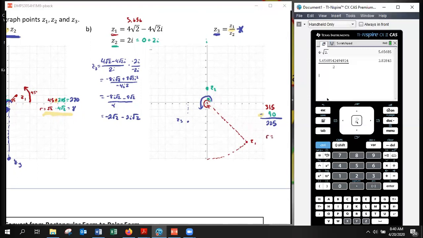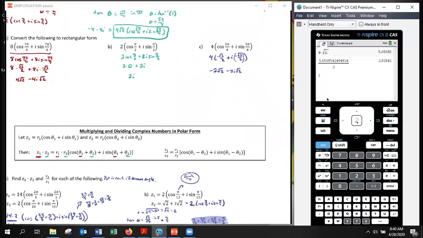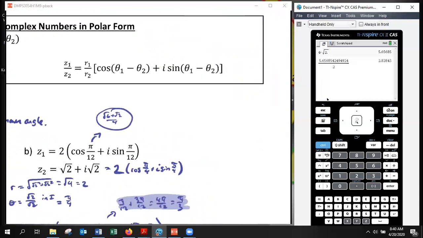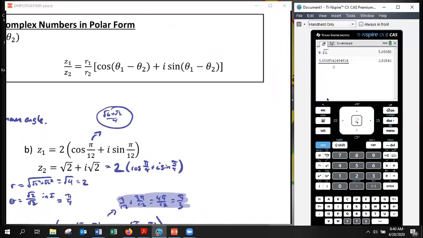So if I take my radius of 8, and then the radius of Z2 is 2, and altogether, the radius of Z3 ends up being, we can see that as 4. So if we divide our radii, then we'll get the radius of our new complex number. So that would be this portion of it, that if I divide my two complex numbers, I will first divide my radii, and then I will subtract my angles, putting it into its complex form.